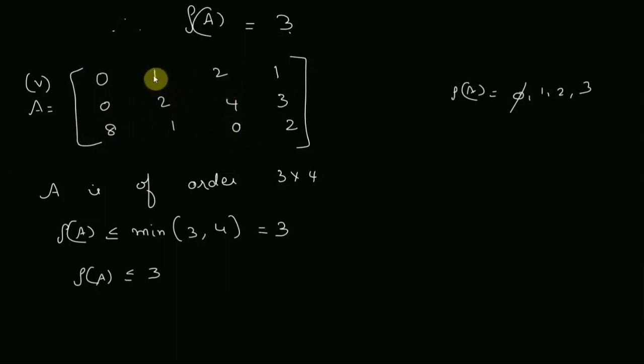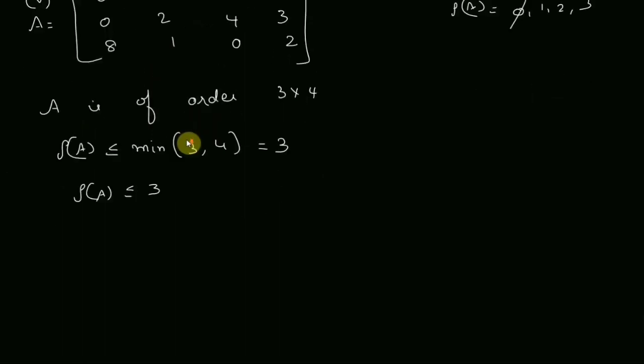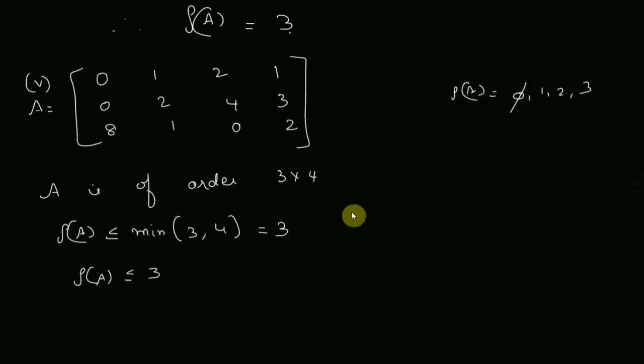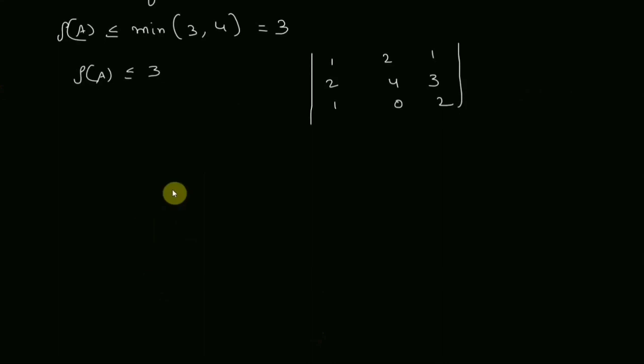So let us try with the second, third and fourth columns and check whether we are getting a non-zero minor. Let us find the value of this determinant and check whether it is 0 or non-zero. If it is non-zero, then you can just stop there and say the rank is 3. So let us check that.